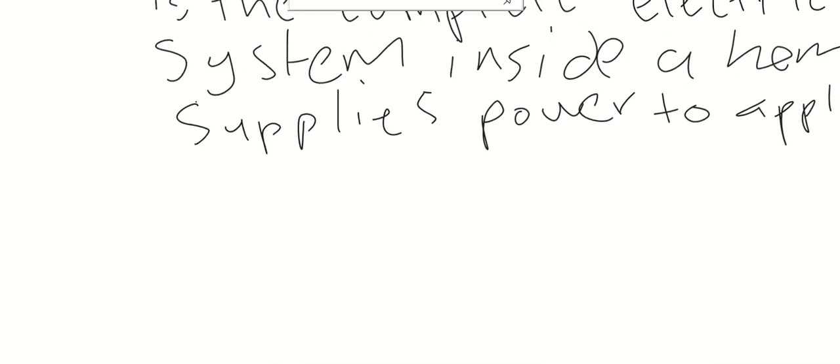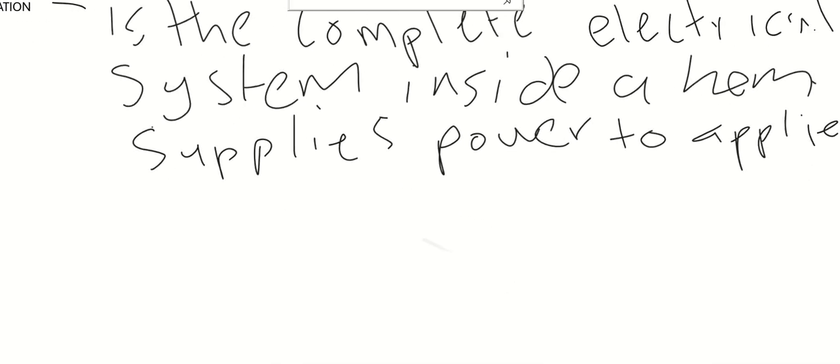So since we have defined the domestic installation, we can now focus on the standard values. In South Africa we have standard values of the frequency, the voltage, and many more. We'll just start with the voltage.